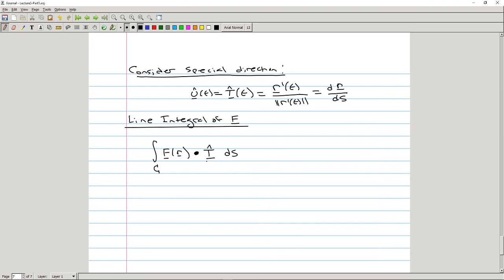So it's the line integral of this scalar function. This is sometimes called the line integral of the vector field.